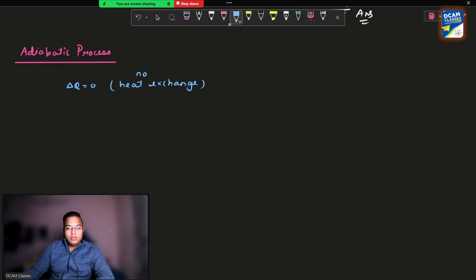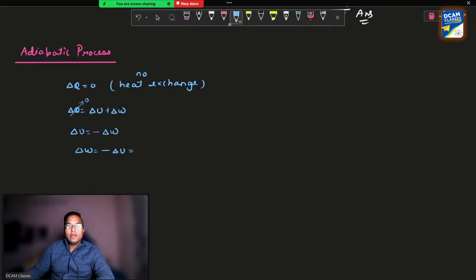Now, in this process, you will see if dQ is equal to dU plus dW, dQ is 0. So dU should be equal to minus dW. Means dW is equal to minus dU.